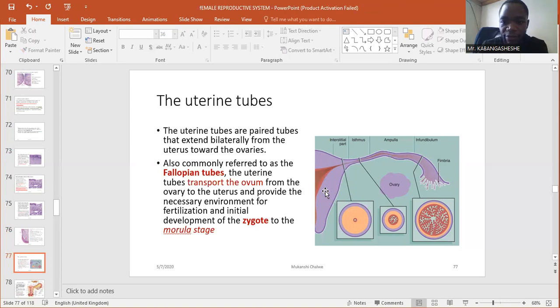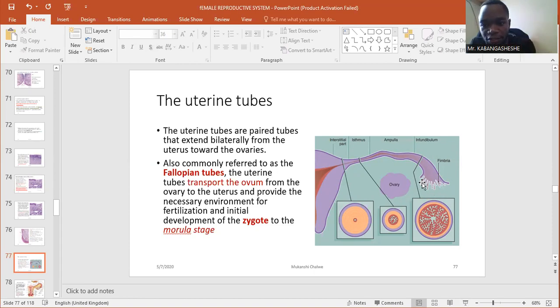So let's look at the parts of the fallopian tube. The fallopian tube has fimbriae. We are starting from the distal end. These are fimbriae, more like finger-like projections. These extensions perform like fingers.